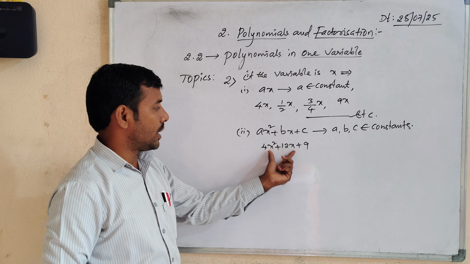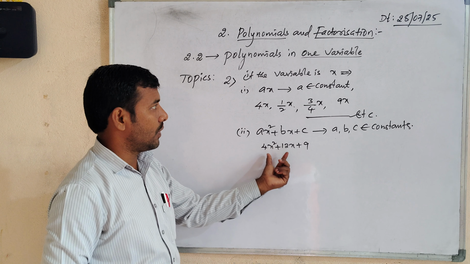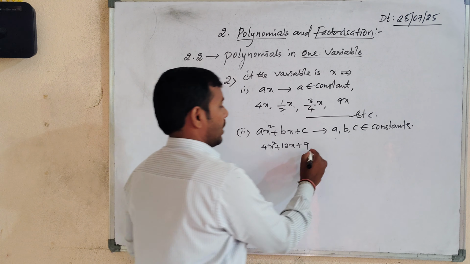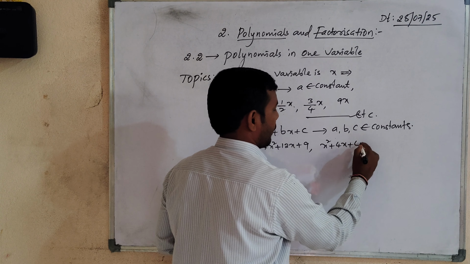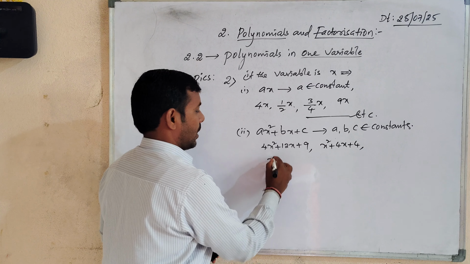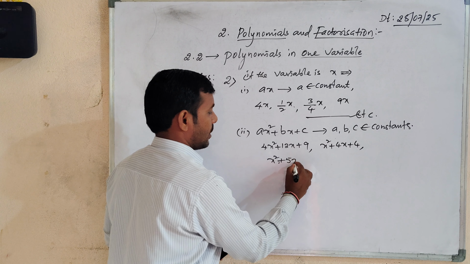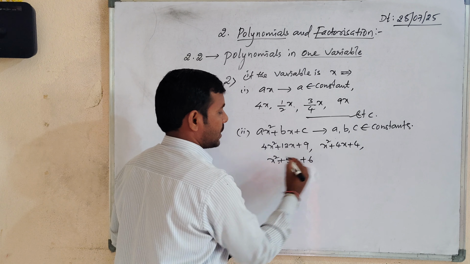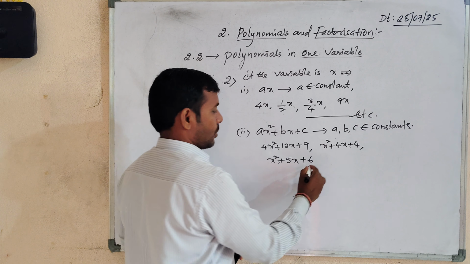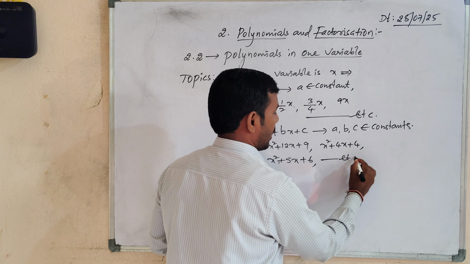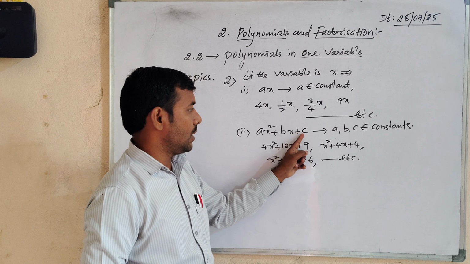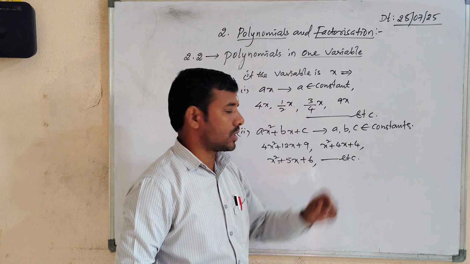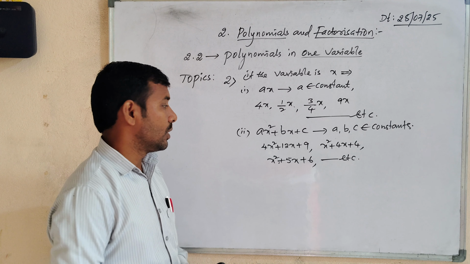Before that, it is a polynomial as well as having one variable. Next, x square plus 4x plus 4. Next, x square plus 5x plus 6. Like that we can write many examples which are related to ax square plus bx plus c, where a, b, c are constants. Okay.